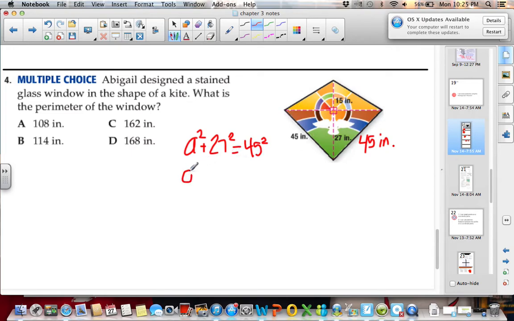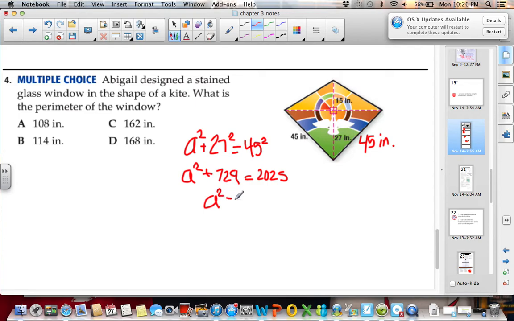Okay, so we have a squared plus 27 squared equals, 27 squared is 729. 45 squared is 2,025.